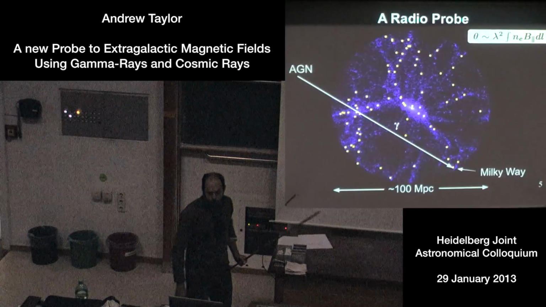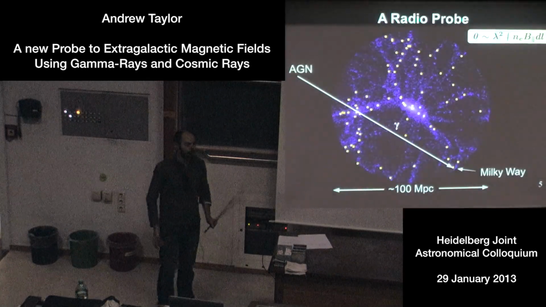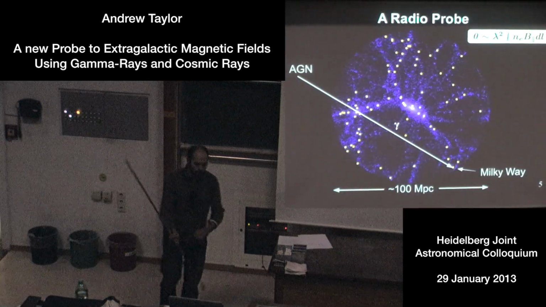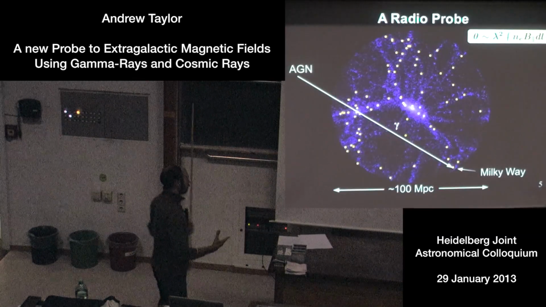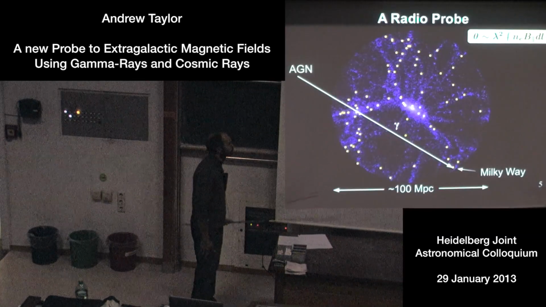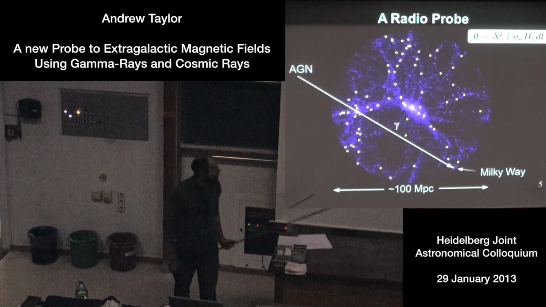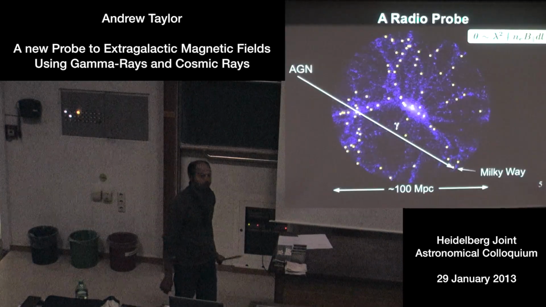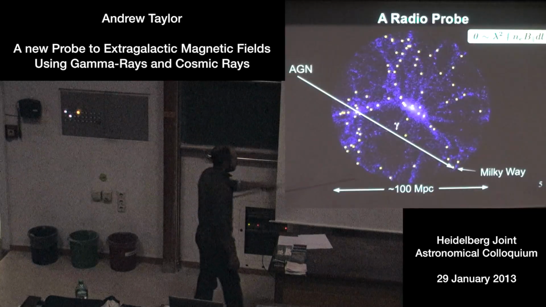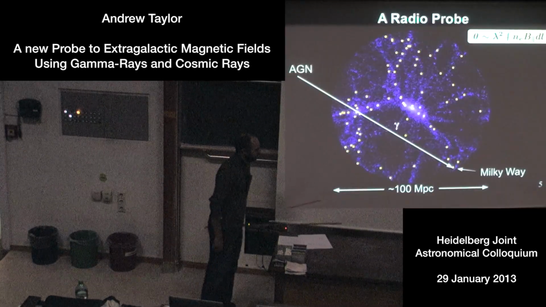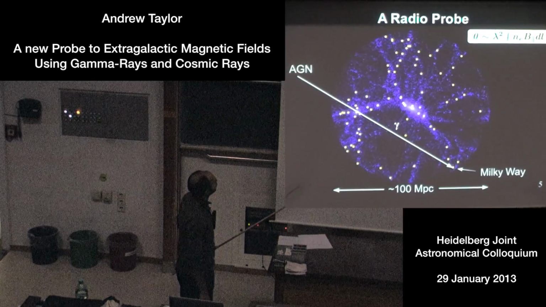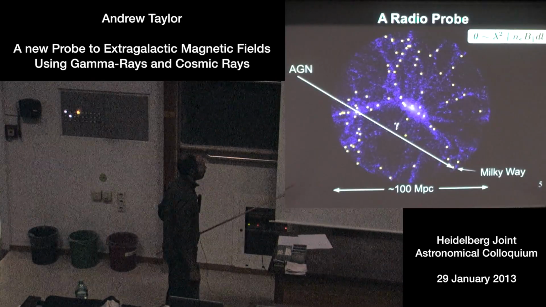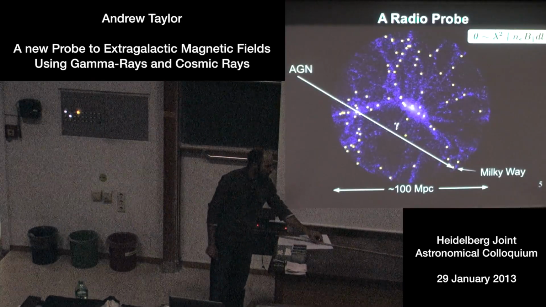First off, what have we known for a while, using just radio data? Radio photons also probe magnetic fields through the rotation measure. So we have a distant AGN, much more than 100 megaparsecs away, let's say at a gigaparsec. This is a distant quasar, and they look at its rotation measure.